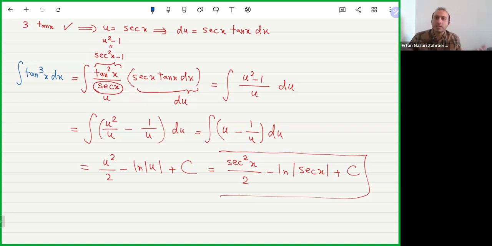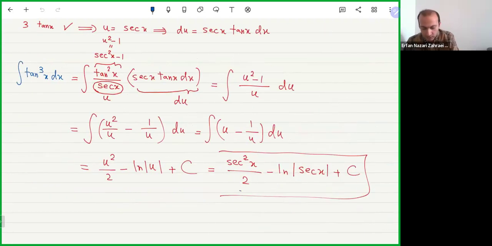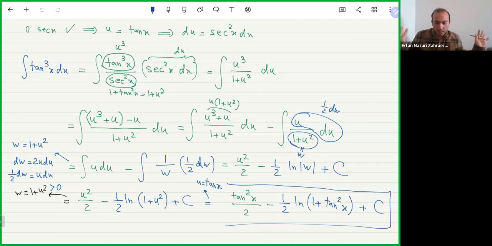That means they differ by a constant. That's a good exercise if you like trigonometric exercises. Try to convert these using trig identities into this. They are not equal, but you get that one of them is the other one plus a constant. If you like, you can do it as an exercise, but it's not necessary for this course.